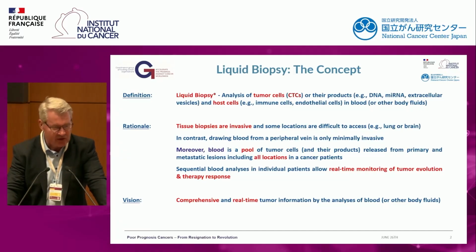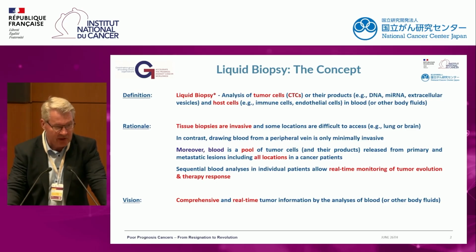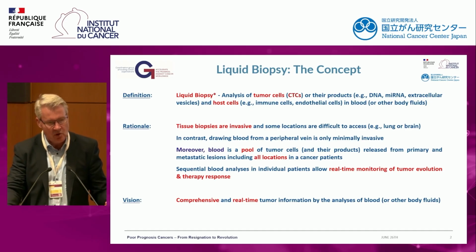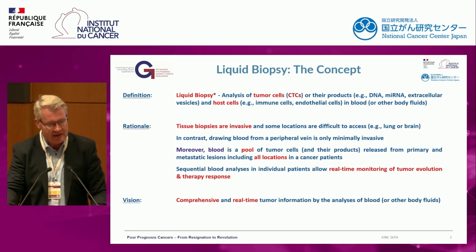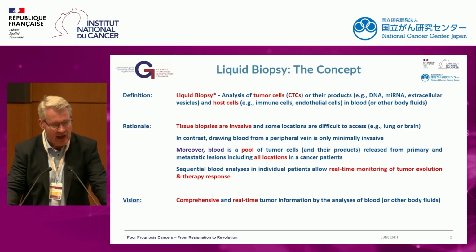What is the rationale? Why do we need it? Tissue biopsies are the gold standards, no doubt about it, but they are invasive procedures and some locations are difficult to access. In contrast, getting a blood sample is very easy and minimal invasive. Moreover, I think that the blood is also a pool of tumor cell and products that is released from different metastatic or primary lesions, and I think that it may get more comprehensive information than the biopsy of a single metastasis.